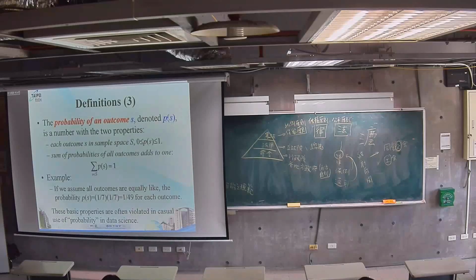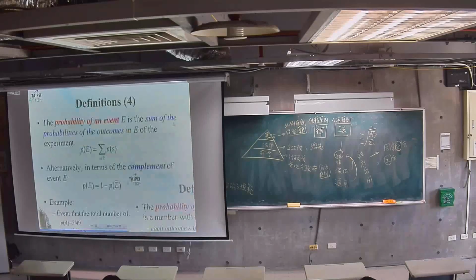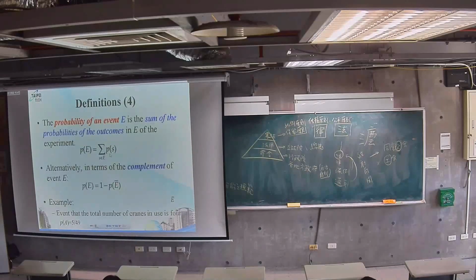We use this notation P to indicate the probability of an outcome S. So for the probability of an event, we simply do the summation over the probabilities of the outcomes in that event.